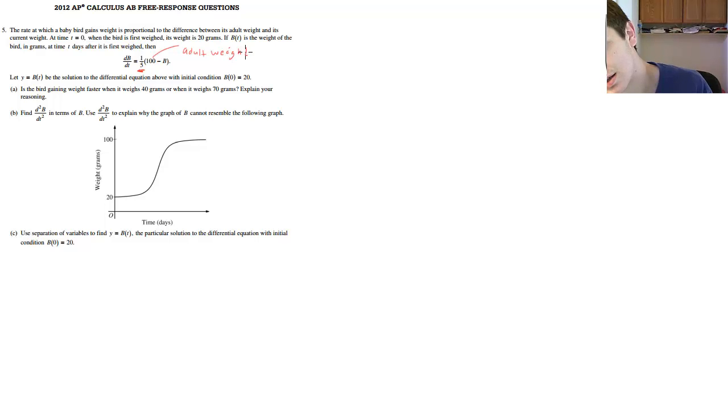So what we expect is that once it gets to weigh 100, and look at that exactly, once it weighs 100 grams, if you put 100 in there, dB/dt is 0. After it weighs 100, it's not going to get any heavier or lighter, which is the same thing as saying that the rate of change of its weight is 0.